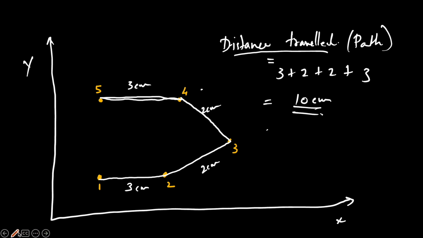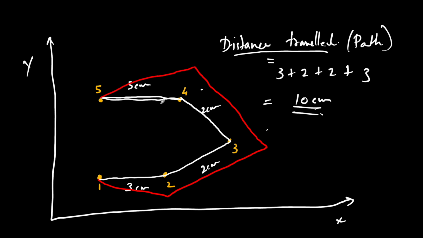For example, suppose the same body moved from 1 to 5 in a different path, the red color path. But still the start and end are the same, 1, 2, 3, 4, 5. Here the path is the red color.